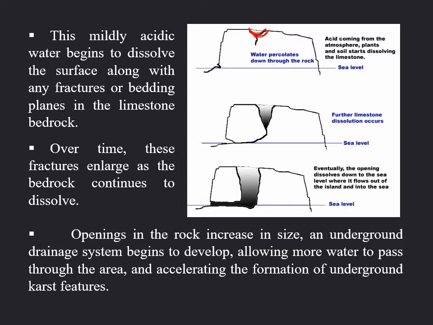So this acidic water reacts with the exposed rock surface and dissolves it. Now more area is exposed after the reaction. So this much superficial area of the rock is now available for reaction. As more surface area is available, more reaction will occur.